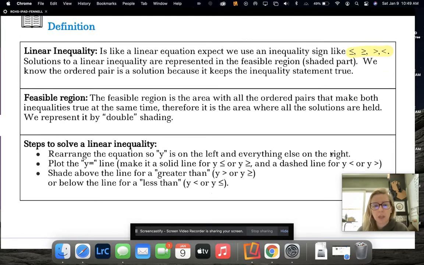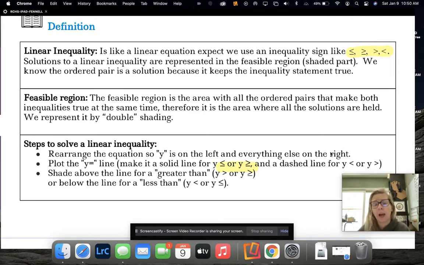Okay, so how do we do this? Well, the first thing you want to do is rearrange your inequality so that y is all by itself, so it's isolated, because it's easiest to graph a line when it's in slope-intercept form. So we're going to rearrange everything, moving our y so that it's all by itself and graph from there. Then you graph it just as if it were a line, except you have to pay attention to these symbols here. Because if you have greater than or equal to, your line will be solid.